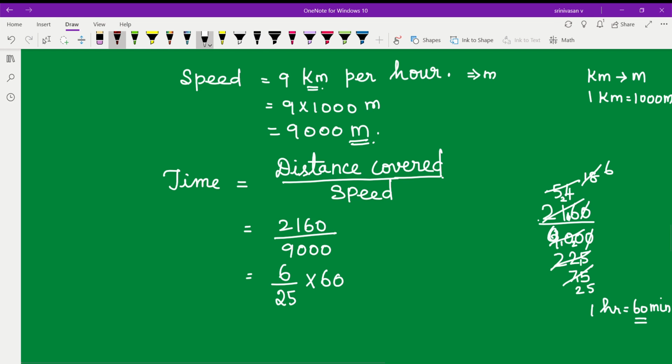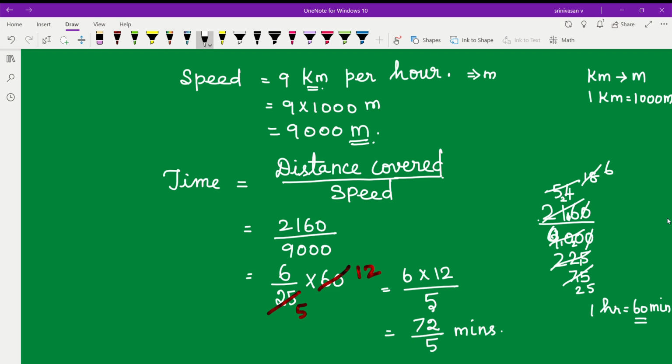Again we are going to do the cancellation by 5 table. 12 5s are 60 and 5 5s are 25. Here the remaining terms are 6 into 12 by 5. That is equal 72 by 5 minutes.